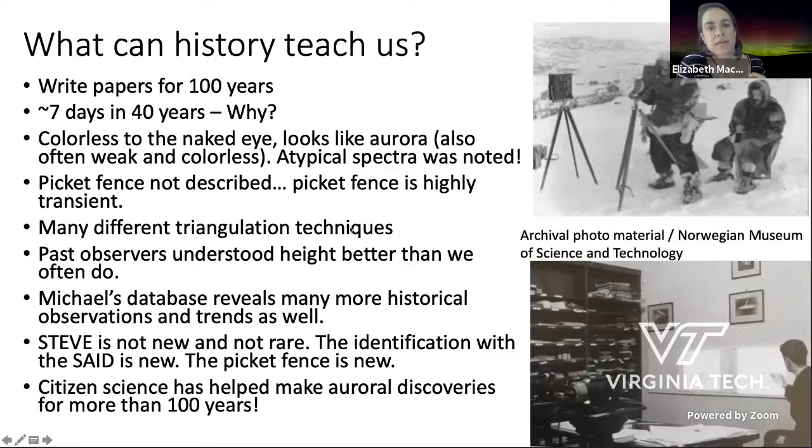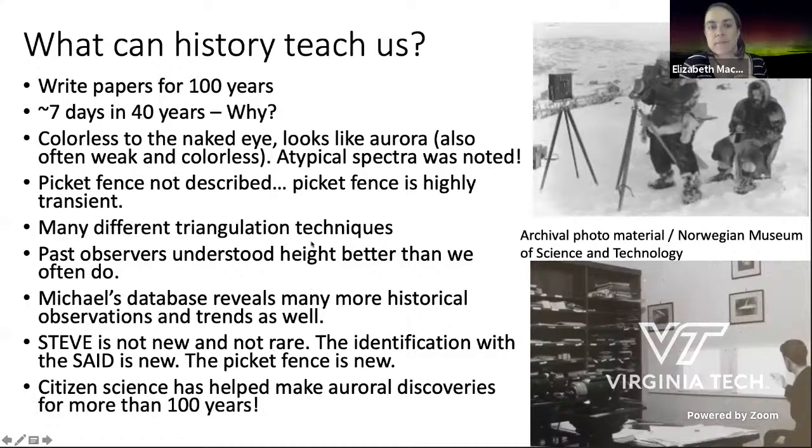I also want to point out there are many different triangulation techniques. In the lower right here, you can actually see the technique that was used at the time of projectors, projecting glass plates of photographs onto the wall and then calculating the angles.